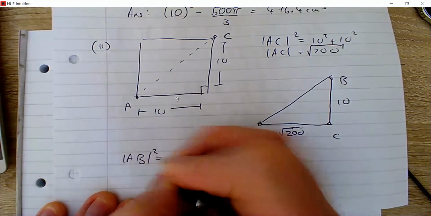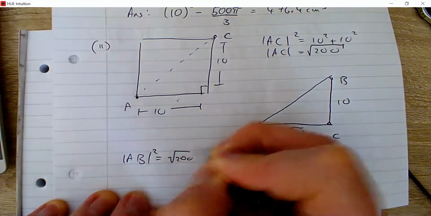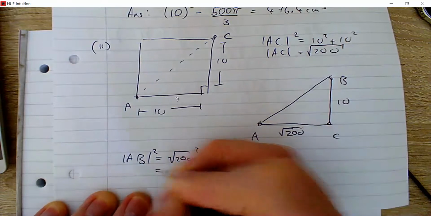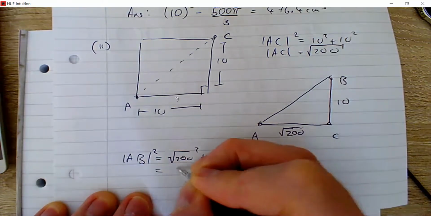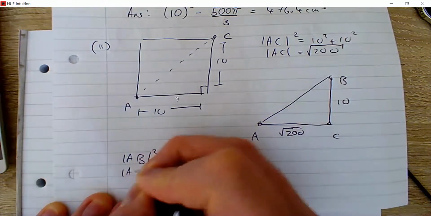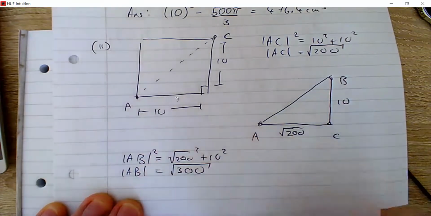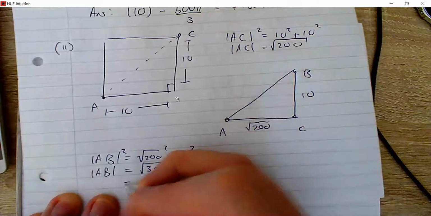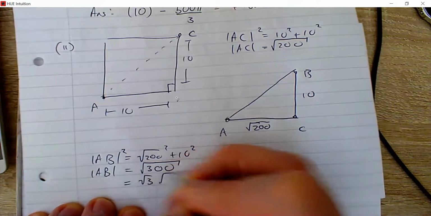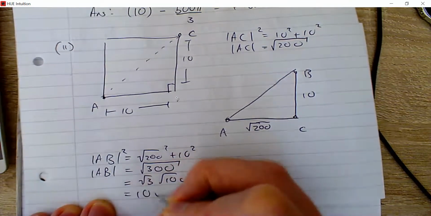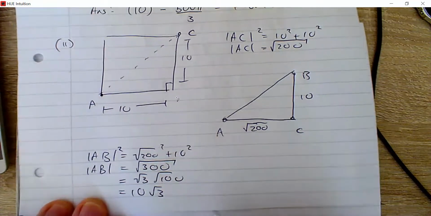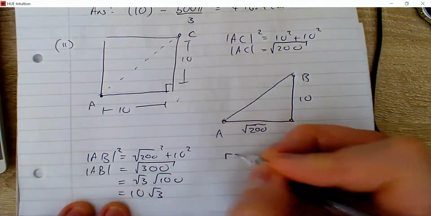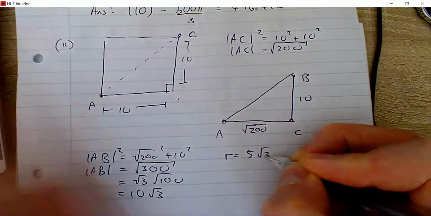AB squared is root 200 squared plus 10 squared, and that's going to be 200 plus 100 is 300. Again, take the square root over. So AB is going to be the square root of 300. That's the diameter. I can write that as root 3 by root 100, or 10 root 3. And the radius of my sphere is going to be half of that, 5 root 3.